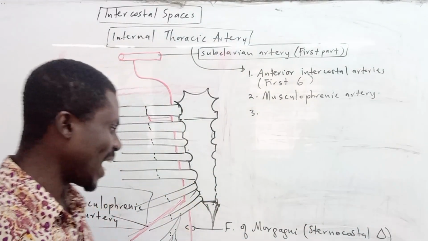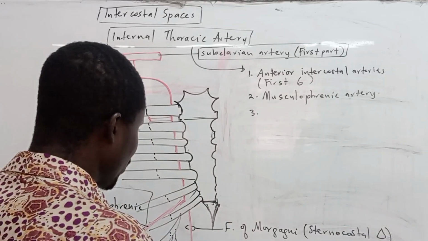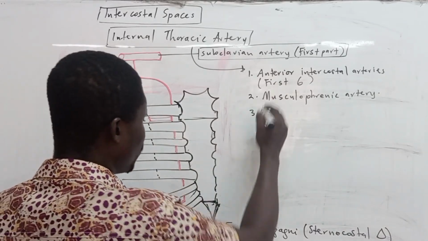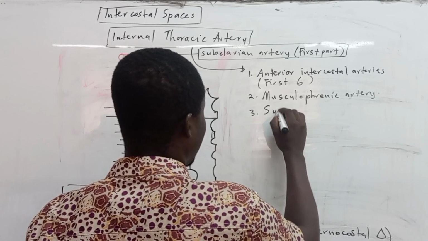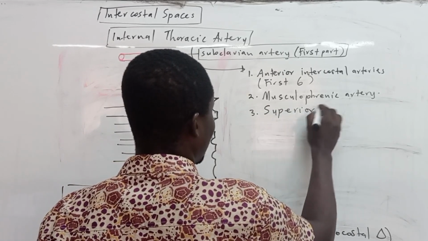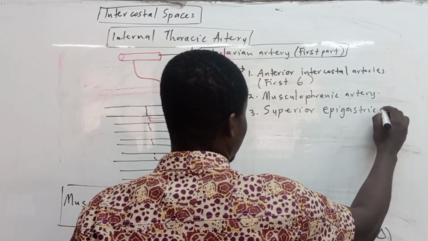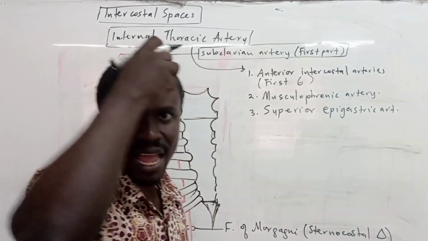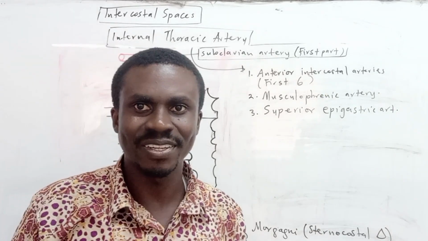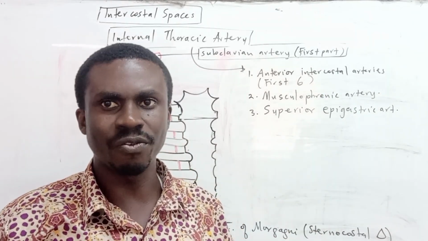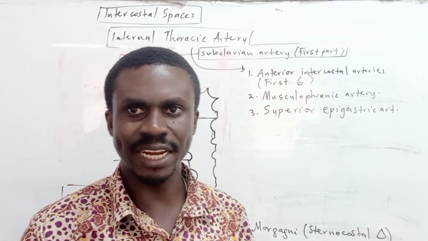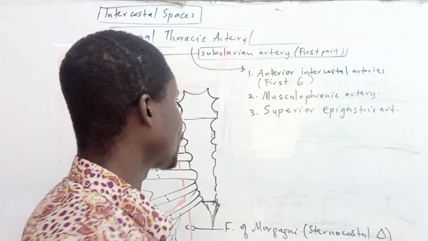That artery is something we call the superior epigastric artery. So that's the third branch of this internal thoracic or internal mammary artery.